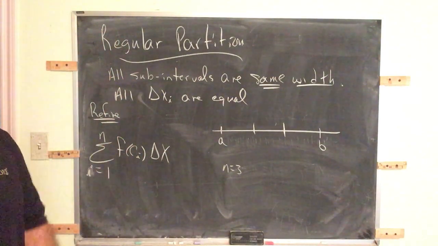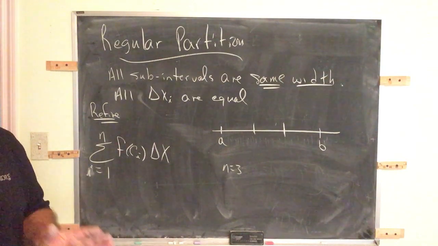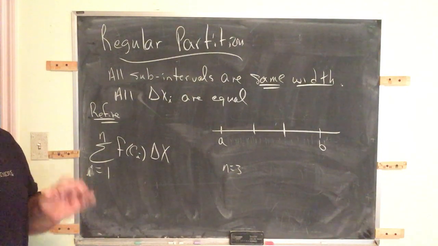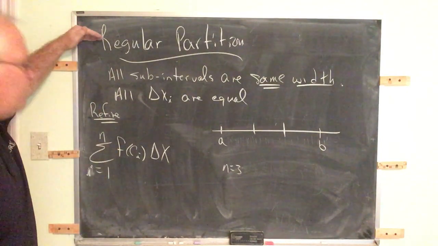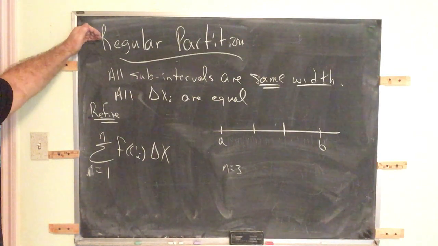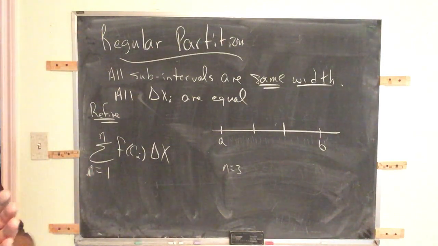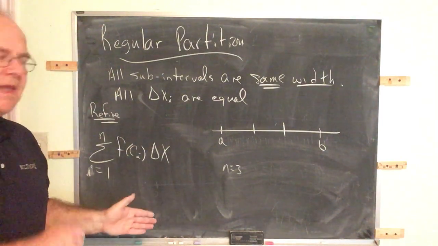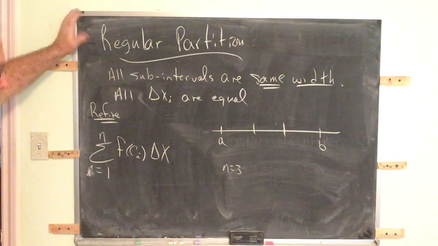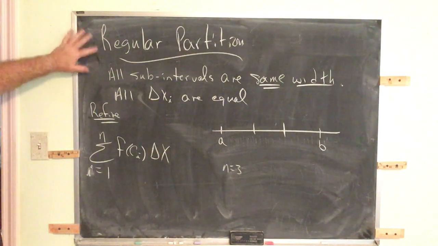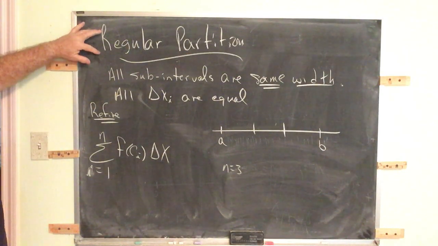For everything we do from here on out, unless you're specifically told otherwise, everything we do will be with a regular partition. It turns out that it can be shown that any computation you can do with a regular partition can be done with a general one and vice versa. It's just for our purposes, the regular partition, the algebra, among other things, is much easier. So, from here on out, we will assume regular partitions.